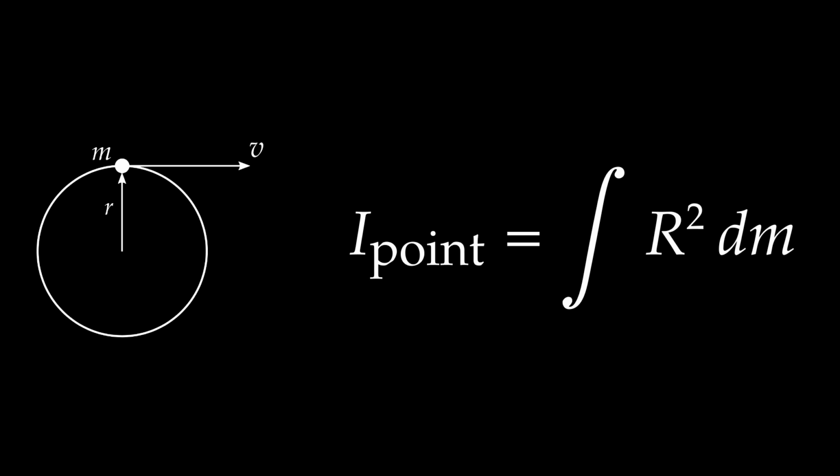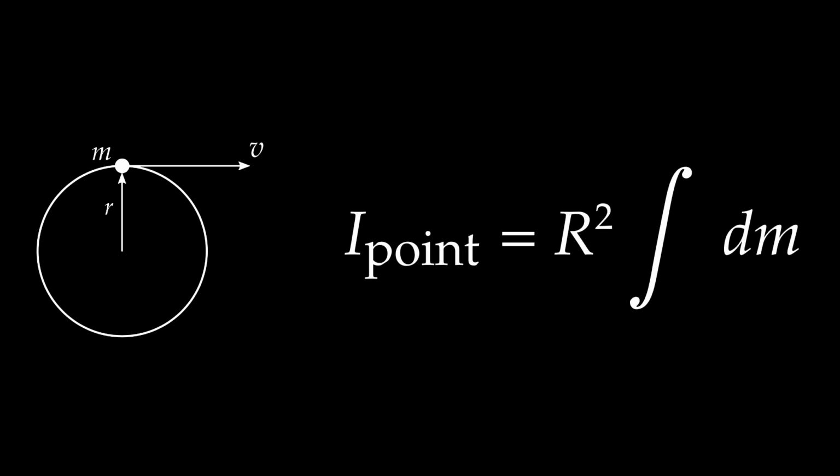It is itself an infinitesimally small mass. But if I was to divide it up into differential masses, every single differential mass is the same distance from the axis of rotation. Putting that in a more casual way, all of the mass is the same distance from the axis of rotation, and therefore r squared comes out of the integral.